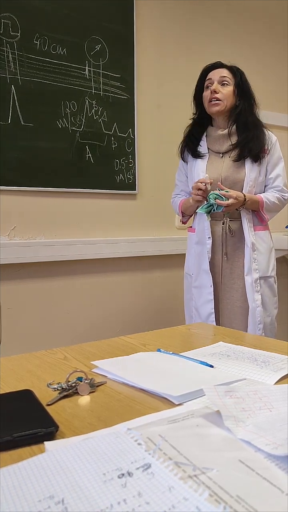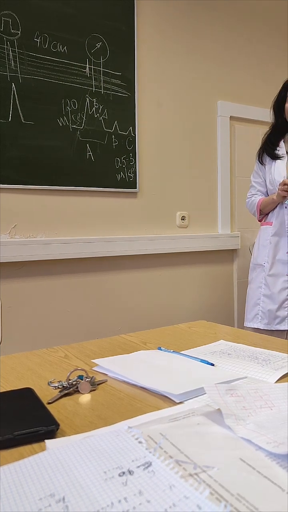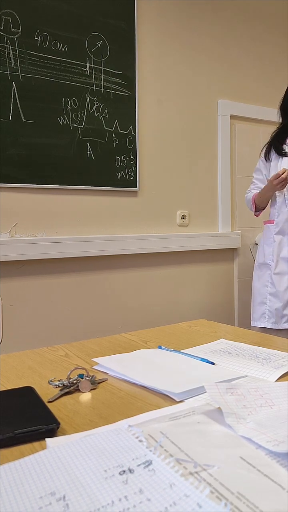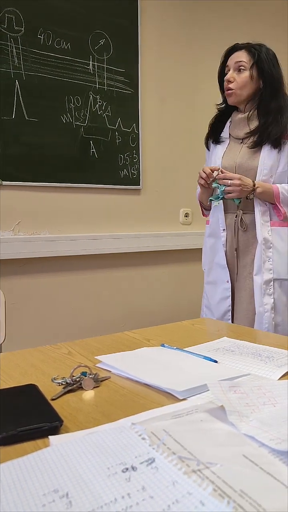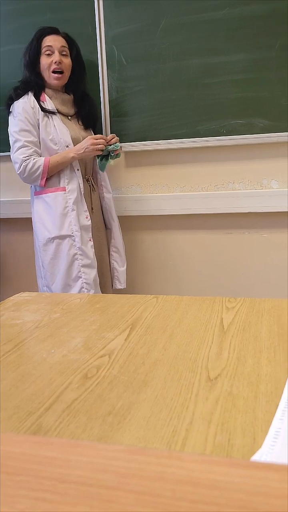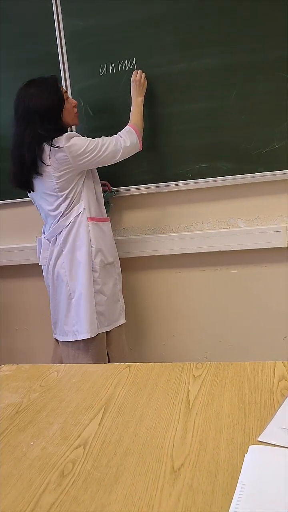Next, classification of nerve fibers into two principal groups in accordance with structure, with the presence of myelin sheath. So nerve fibers can be classified into unmyelinated and myelinated, by histology.